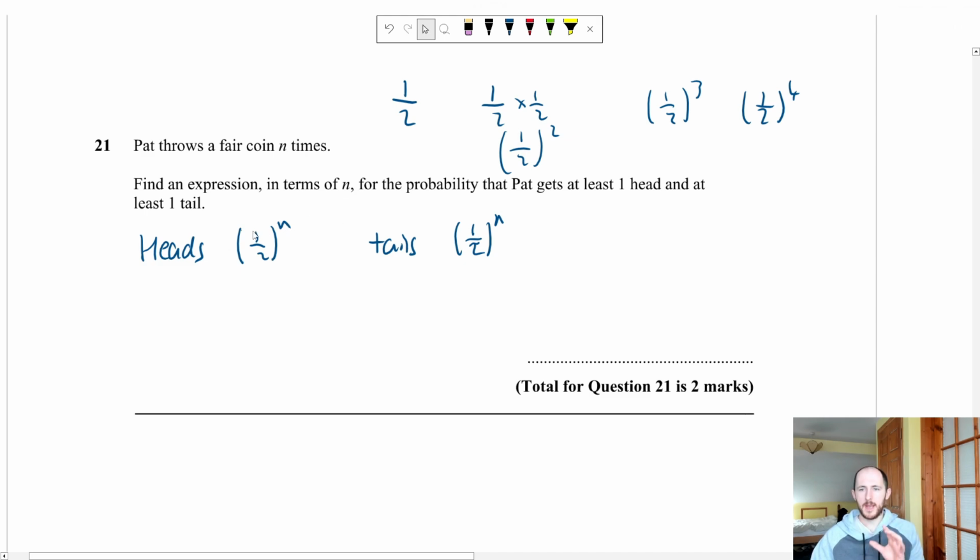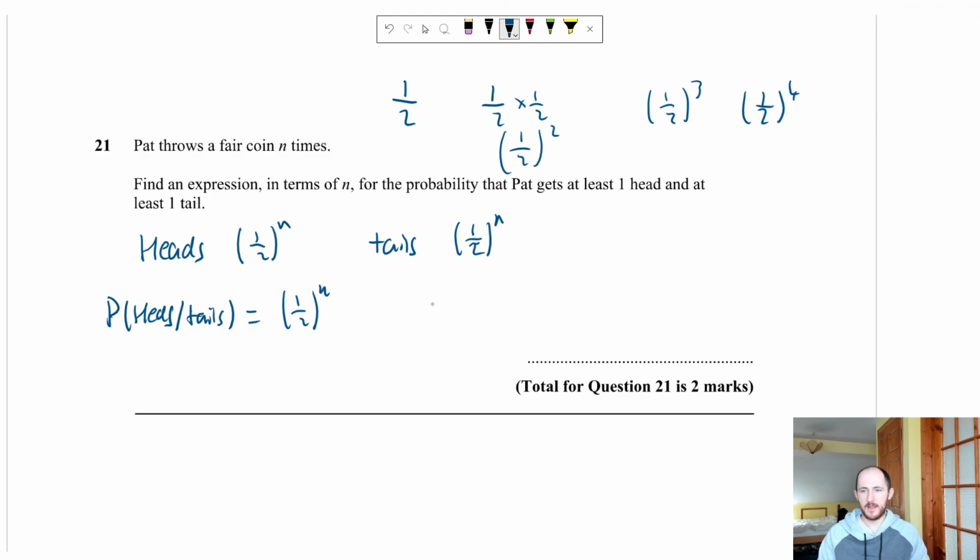Now that we have that, the probability of getting both of them, so at least one of each, is going to be 1 minus these two things added together. So the probability of getting heads or tails, I realise I misspelled heads there, by the way, is equal to a half to the power of n plus a half to the power of n.